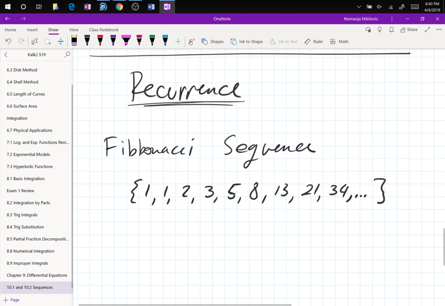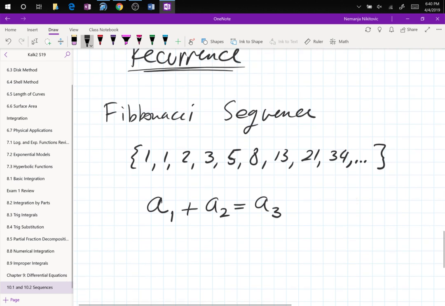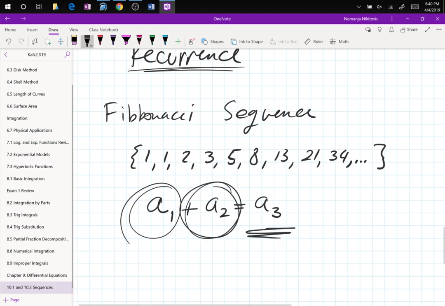So what would be the sequence? Now we are going to say that A1 plus A2 is A3. Do we all agree on this? Your first number plus the second number is the third number.